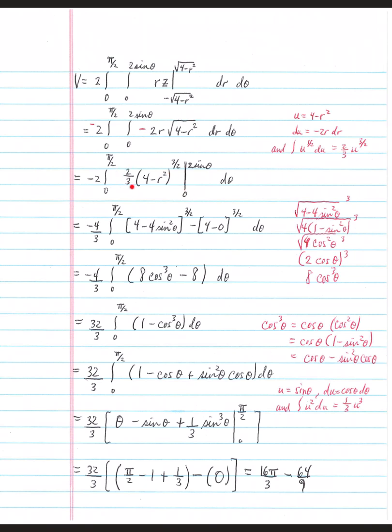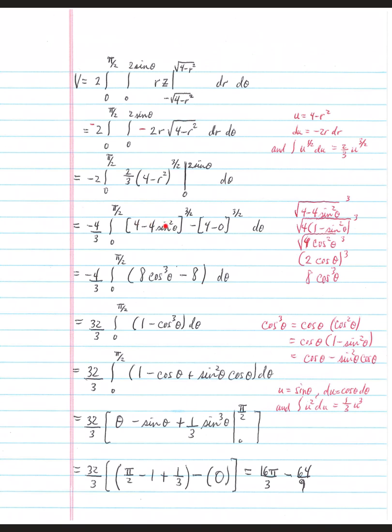I'm also moving 2/3 out. Negative 2 times 2/3 is negative 4/3. Now with the substitution, we have 4 minus 2 sine theta quantity squared. That's 4 minus 4 sine squared theta, to the 3/2, minus 4 minus 0 squared, which is 4 to the 3/2.